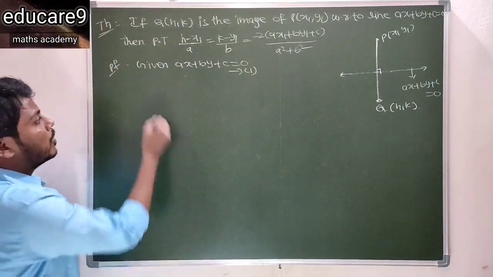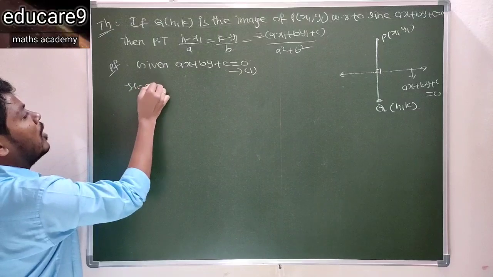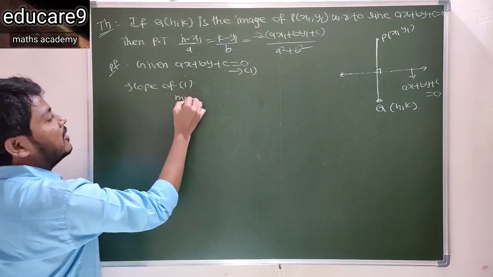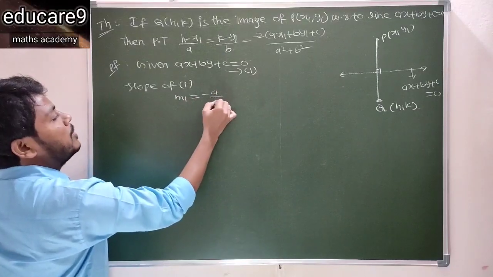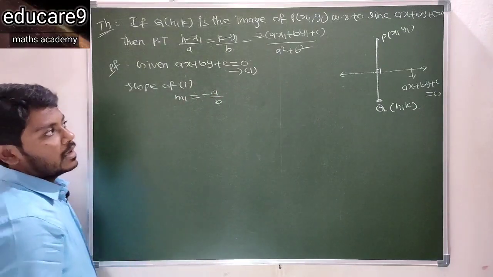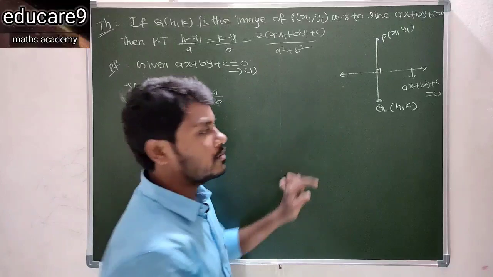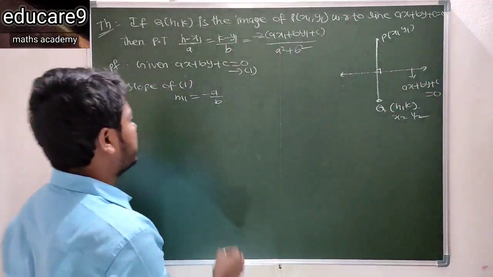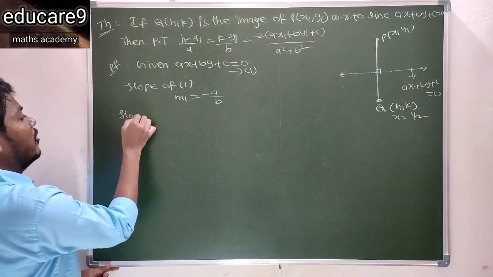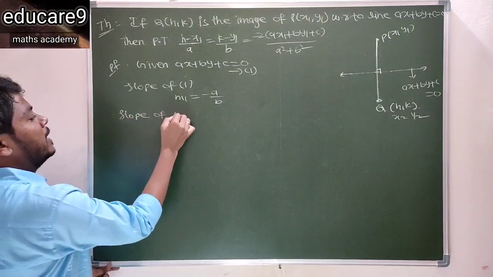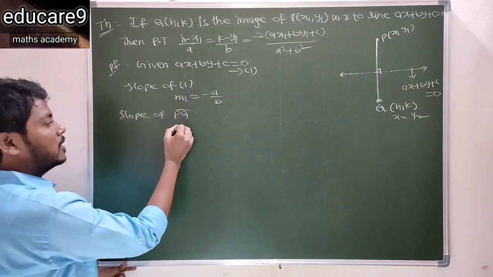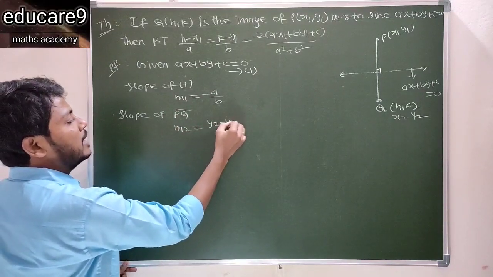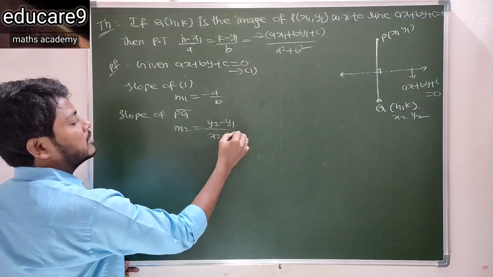Find the slope of equation 1, that is m1 is equal to minus a by b, and find the slope of PQ. So this is (x1, y1), this is (x2, y2). So here the slope of PQ, that is m2, is equal to (y2 minus y1) by (x2 minus x1).